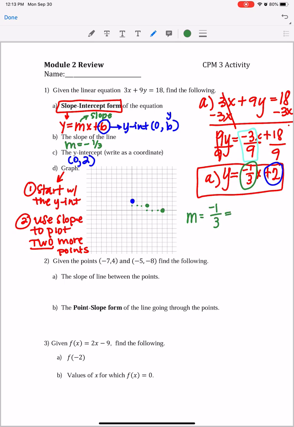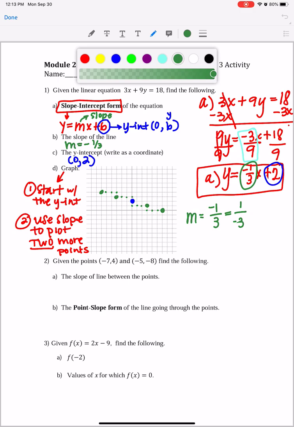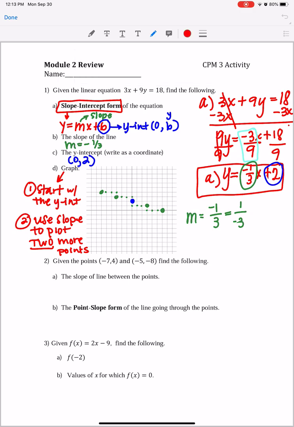We can change that to become a positive 1 over negative 3, which means then you go up 1 over a negative 1, 2, 3. Up 1 over negative 1, 2, 3. Okay, either way, you get that same straight line. And you want arrows at the end because that line keeps going infinity in both directions.